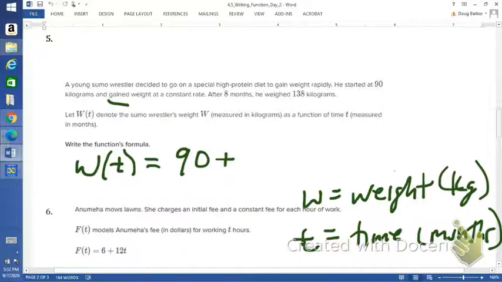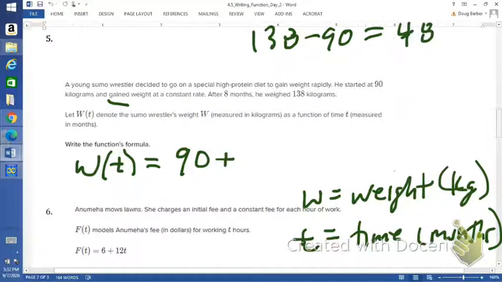So, how much did he gain in 8 months? Well, he started at 90, so 138 minus 90, what's that? That gives us 48. He's gained 48 kilograms in 8 months.